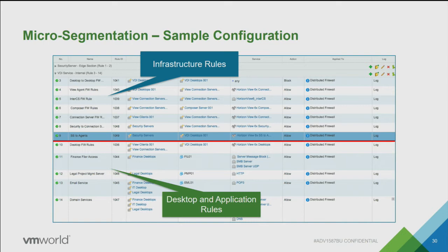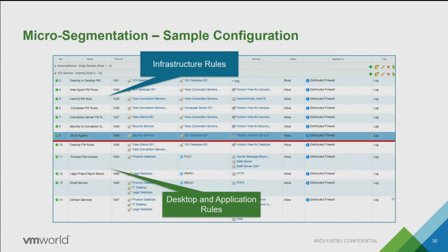Here we're looking at a sample micro-segmentation rule table, where we have the infrastructure rules for the management clusters on top, and then the desktop application rules at the bottom, where we're now able to create rules to segment the traffic so that your desktops aren't able to communicate with each other, to stop lateral threats. I mentioned this would be very difficult with centralized firewalls.